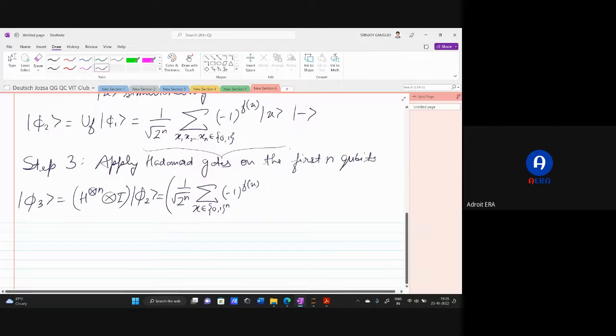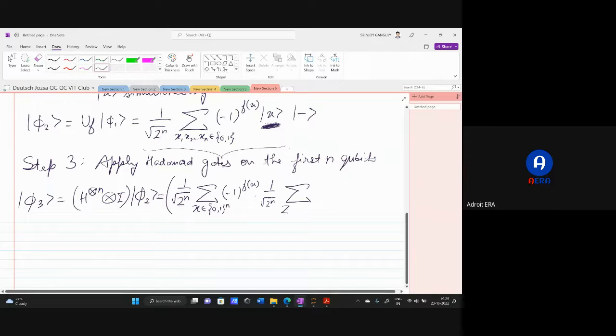And then what will happen? Hadamard tensor n will be applied to ket of x, right? It will be applied to this one. Look at this. Hadamard will be applied to this one, you can underline this. What happens when Hadamard tensor n is applied to ket x? Look at the formula which we saw in the morning. What is the formula? 1 upon square root of 2 to the n summation. Let us take a different variable. In that formula I took the variable y, x dot y. Remember?